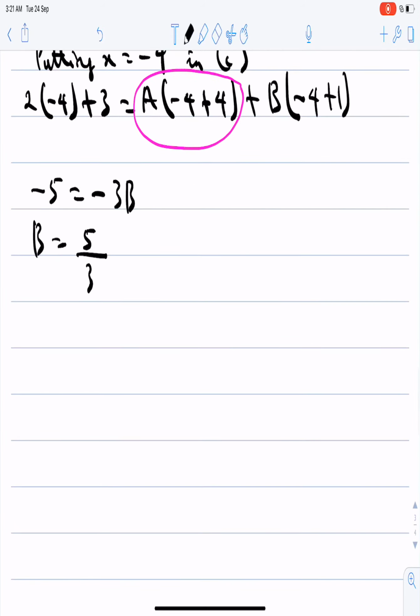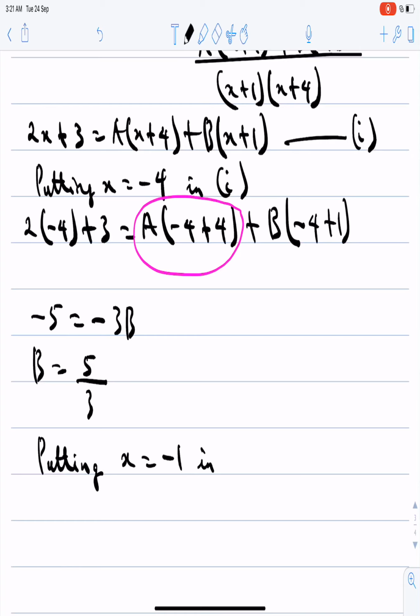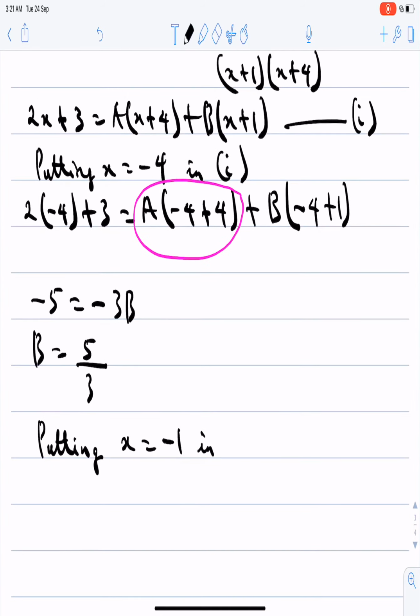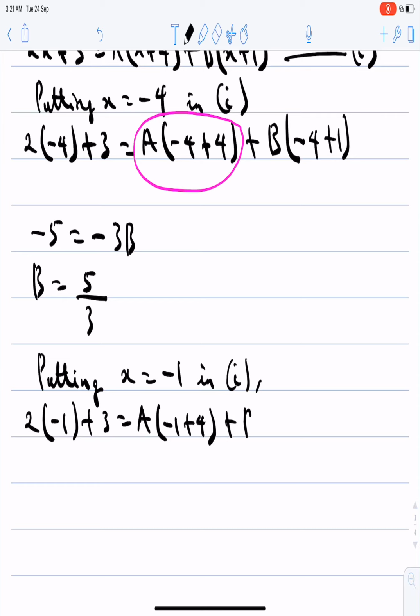Now to find a, putting x equals minus 1. To find a, you substitute a value for x in 1 that will eliminate b, and then you'll be left with a. 2 times minus 1 plus 3 is equal to a times minus 1 plus 4 plus b times minus 1 plus 1.